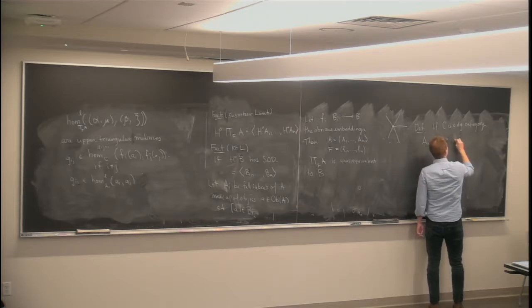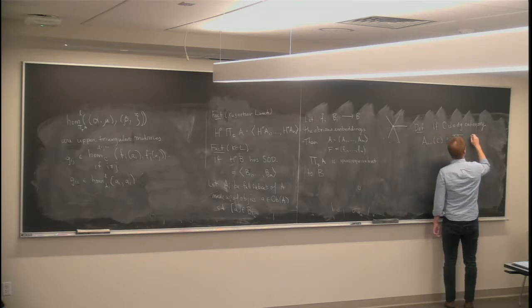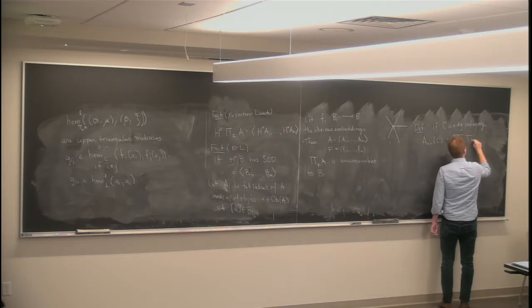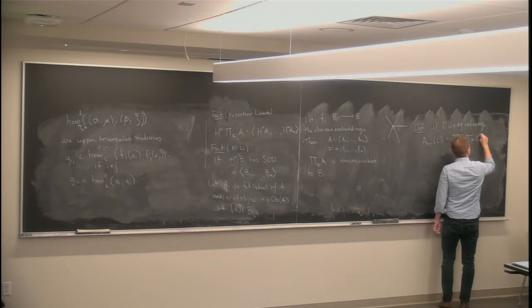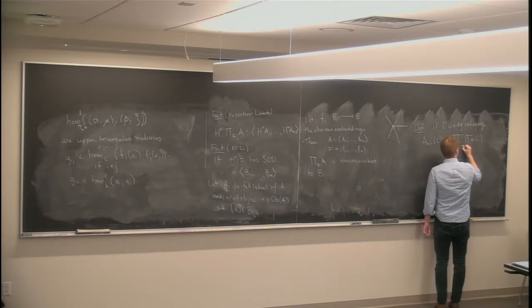I'm going to take the n-fold product of each of the entries of twisted complexes over C, and the set of functors is the identity.